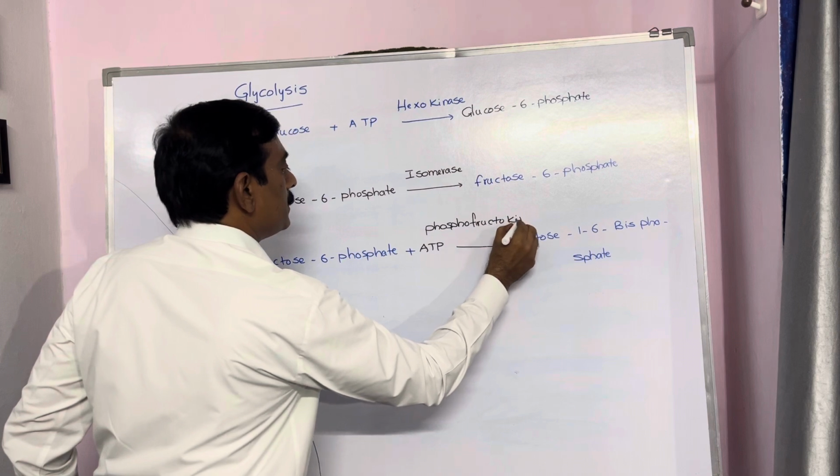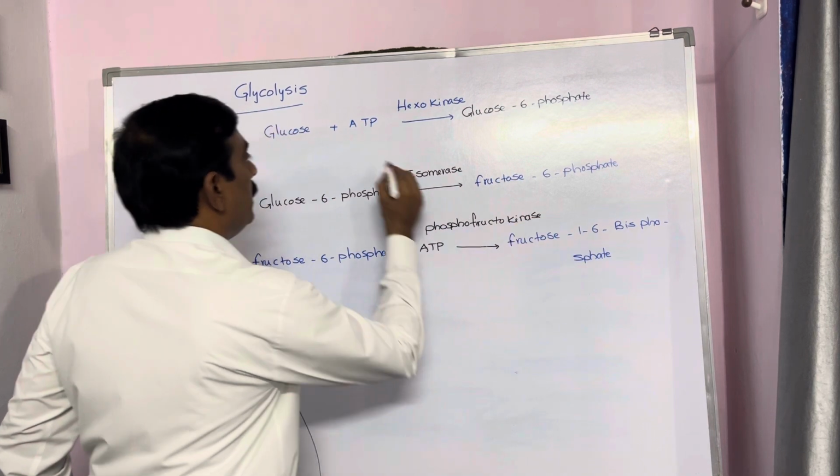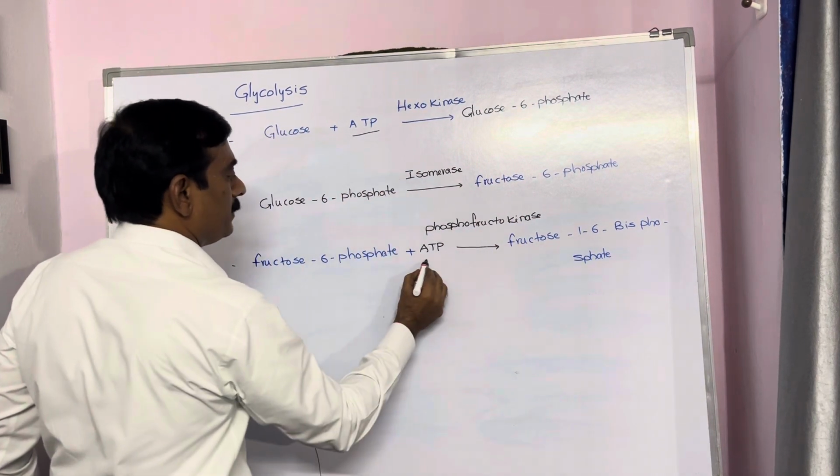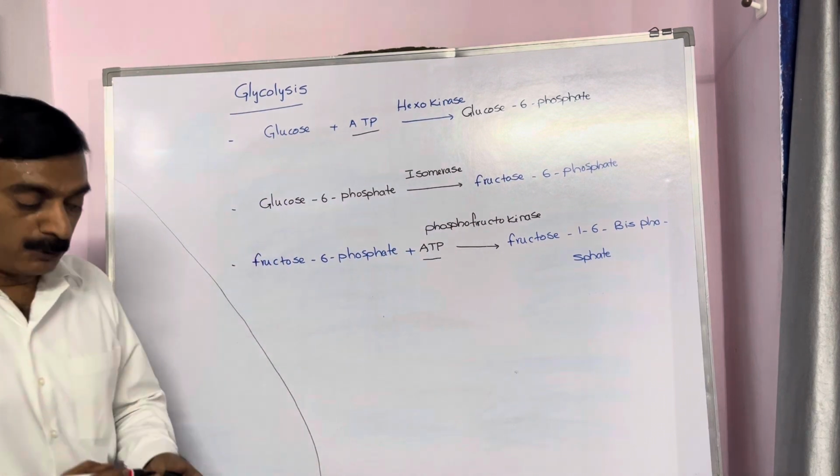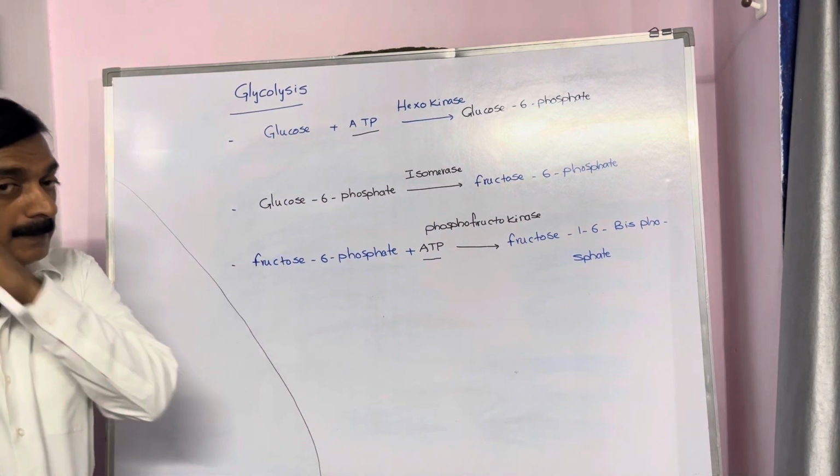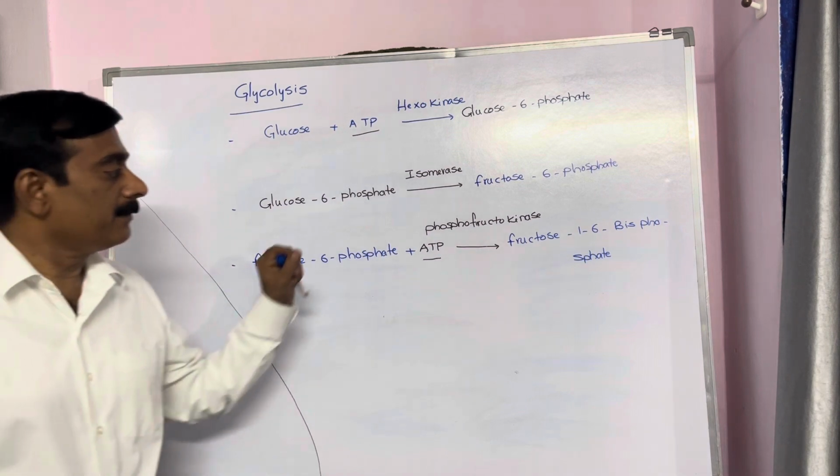Here one ATP is utilized. Along with the first step, a total of 2 ATPs are utilized in the glycolysis process.